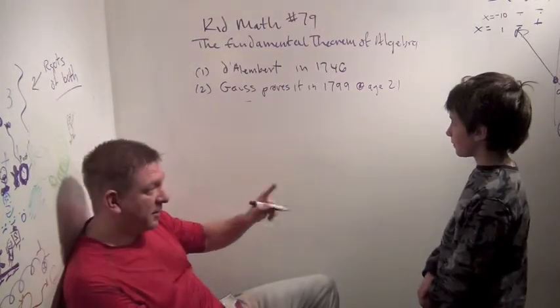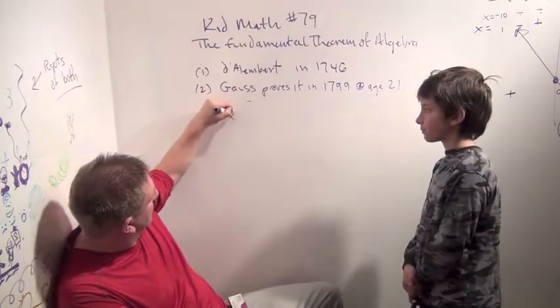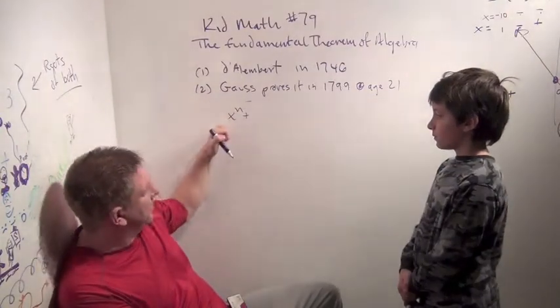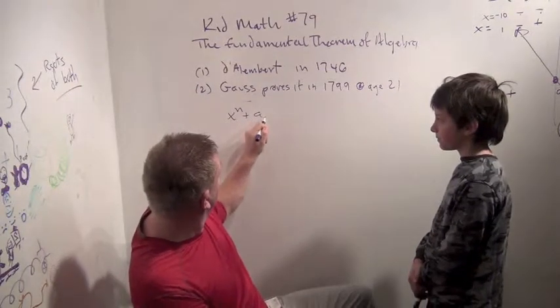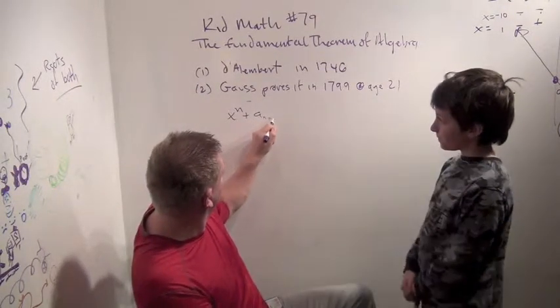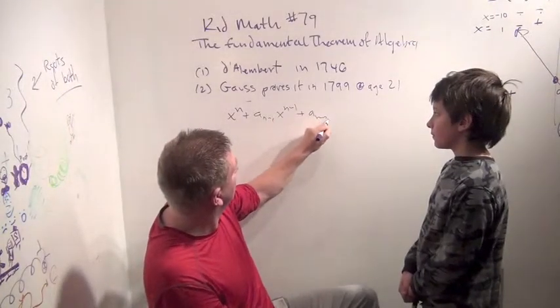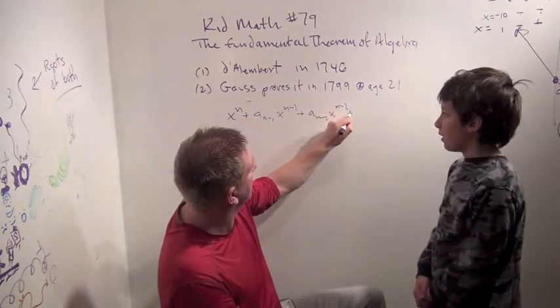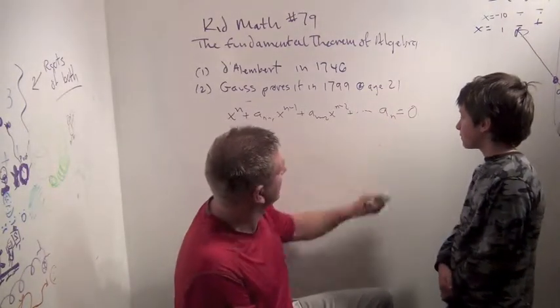theorem of algebra. And the fundamental theorem of algebra states an equation like this. I'll call it x to the n, leading coefficient of 1, plus a sub n minus 1 x to the n minus 1 plus a sub n minus 2 x to the n minus 2 plus and so on, plus a sub n some constant equals 0.